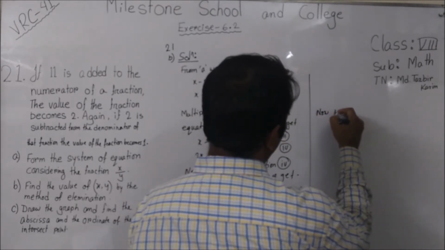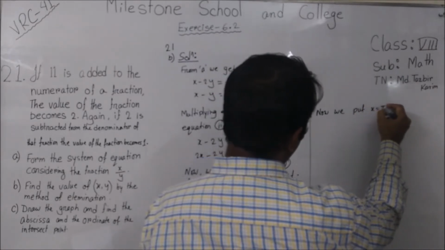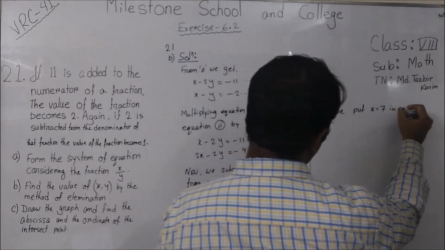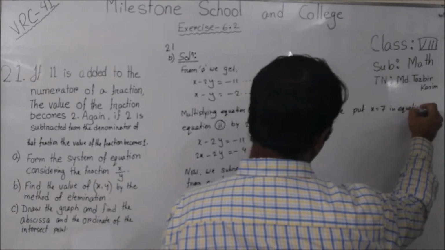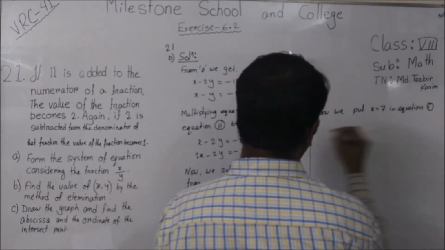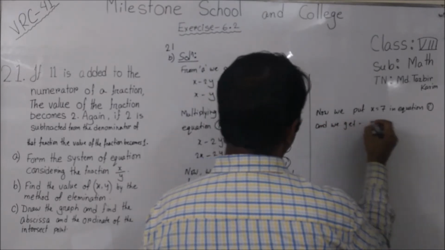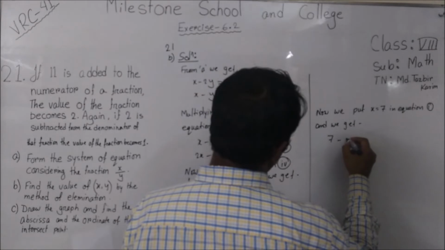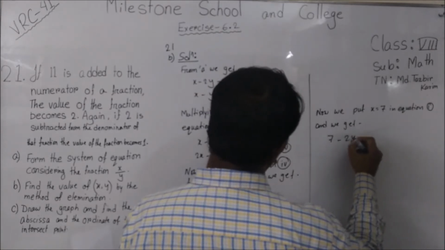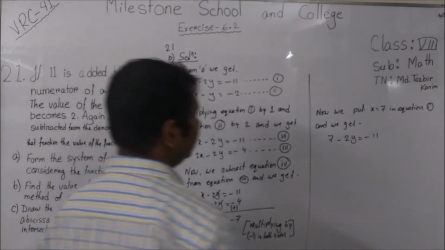Now we put x equal to 7 in equation 1 and get 7 minus 2y equal to minus 11.